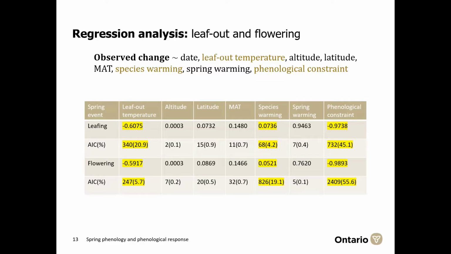Leaf-out temperature and species warming have a similar effect, but in different directions. More species warming, more phenological response, and higher leaf-out temperature, smaller phenological changes. This is consistent with the modeling results earlier. So I use leaf-out temperature here for both leafing and flowering events, just for convenient discussion of change in growth potential or growing season length next.